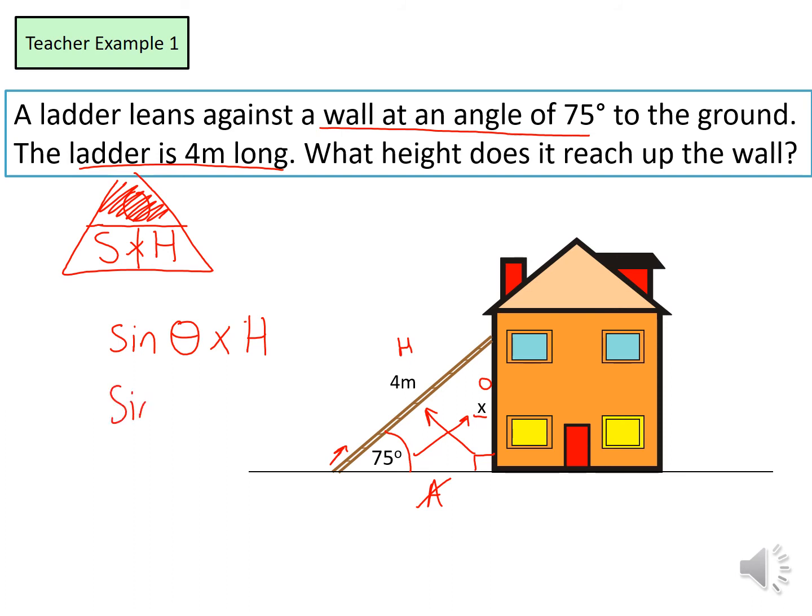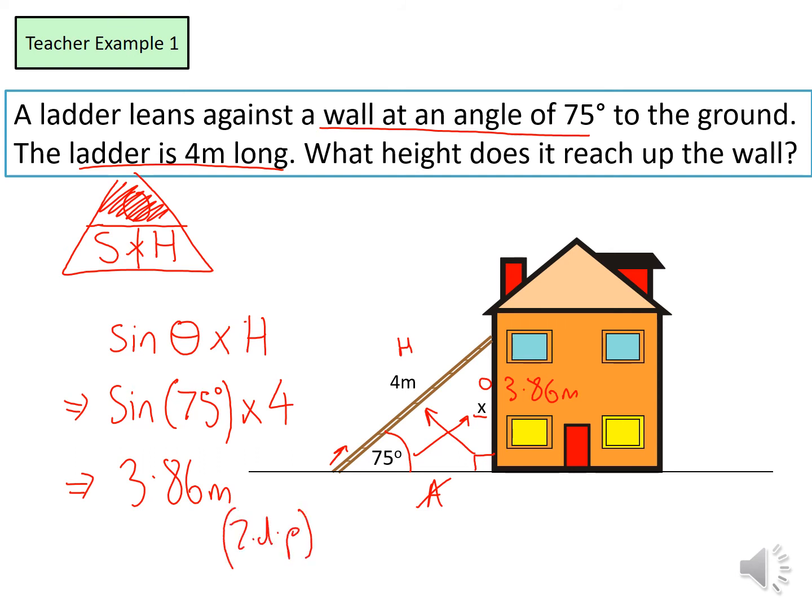Sine 75 degrees multiplied by my hypotenuse, which is 4, and you should then get an answer of 3.86 meters. So what height does it reach up the wall? 3.86 meters, and that's to 2 decimal places. Make sure you do your decimal places.